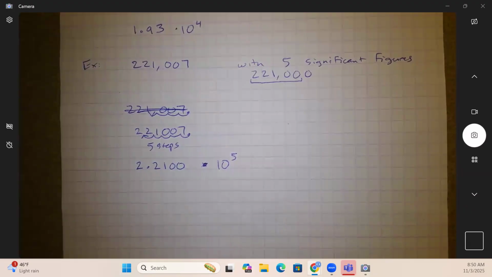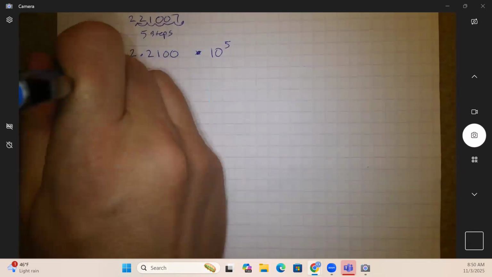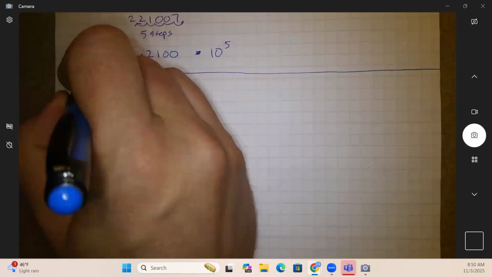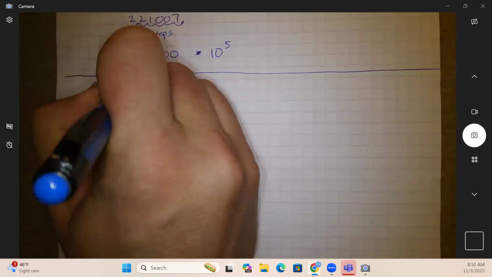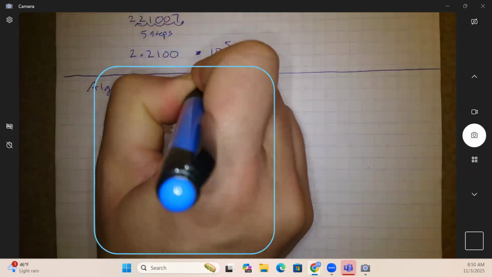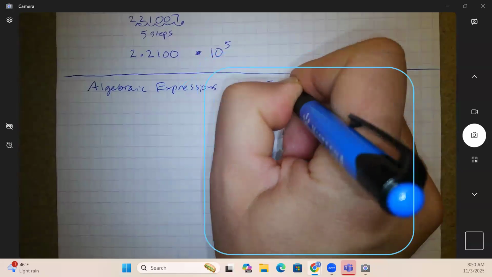All right, that wraps up the second of our little mini topics. And the third of our mini topics is algebraic expressions and formulas.